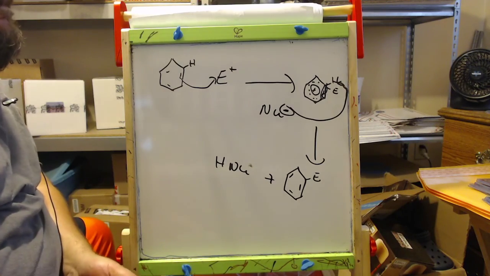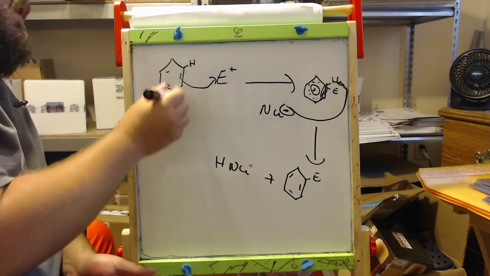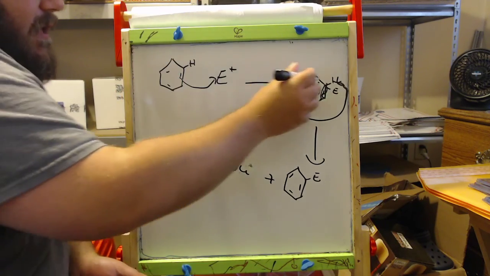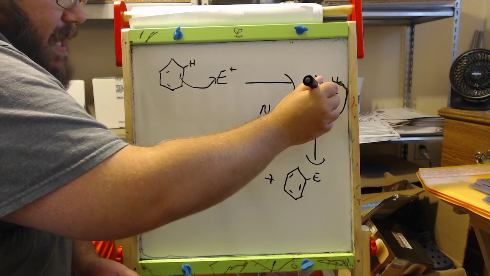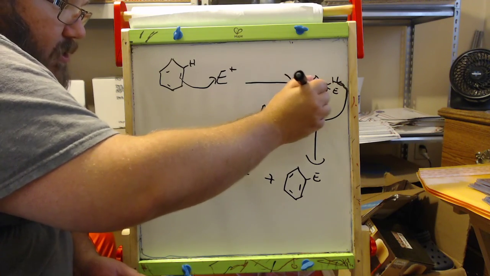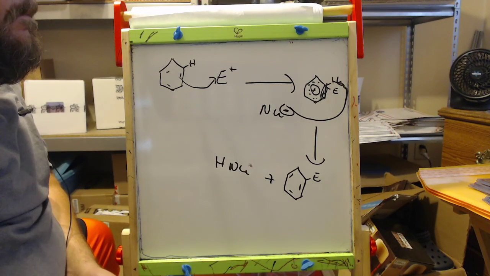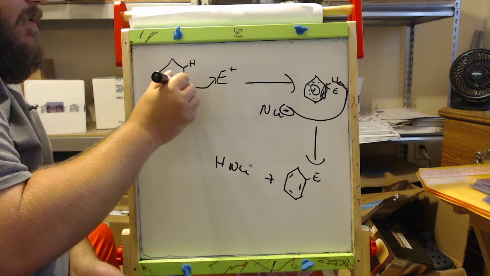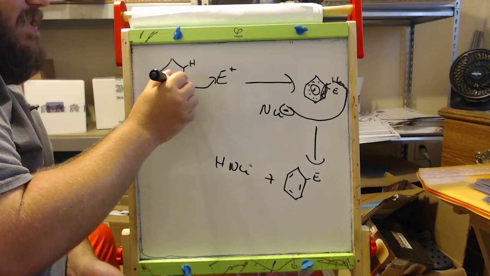So the key to this whole thing is the fact that these pi electrons over here help stabilize that carbocation and allow it to disperse throughout the entire ring. The way I always say it is, well, we have a breakup. These electrons left this carbon.